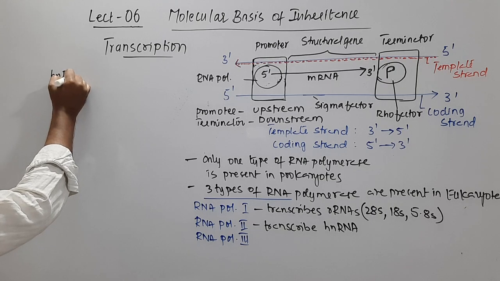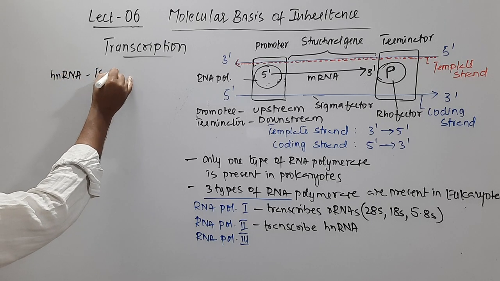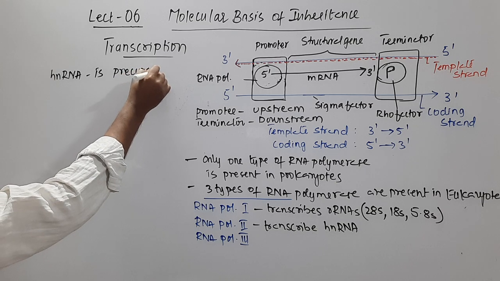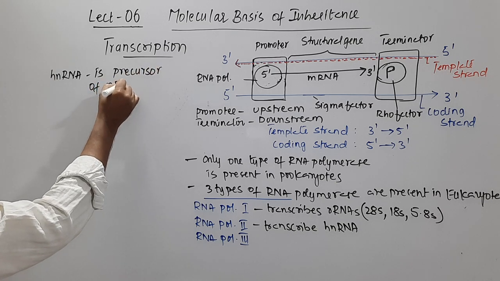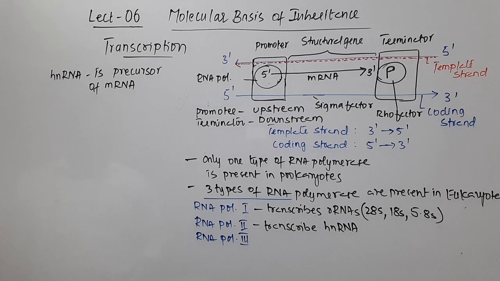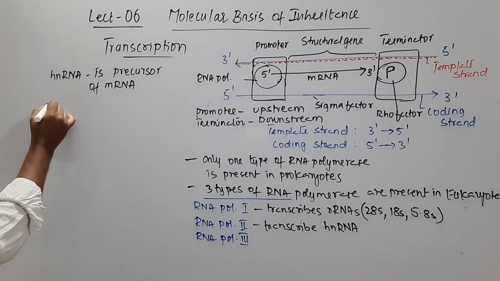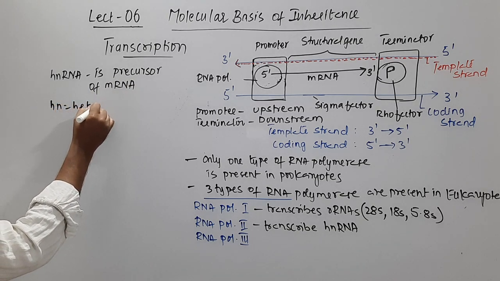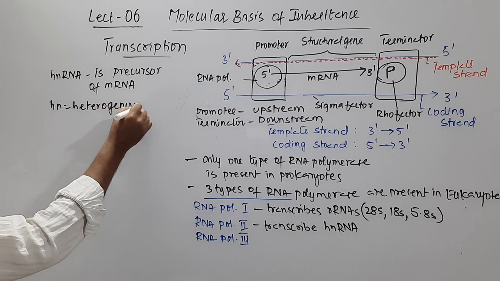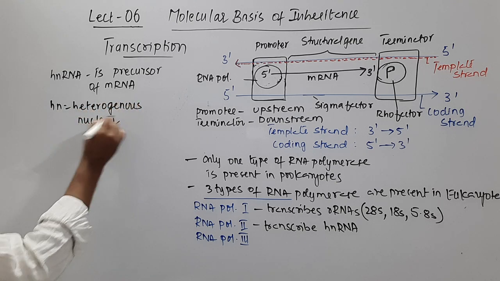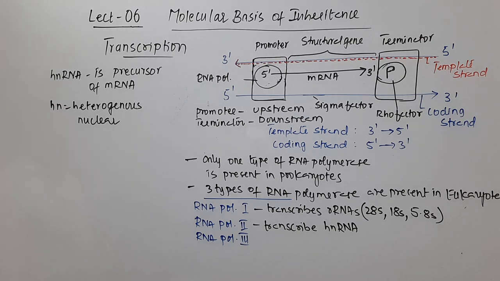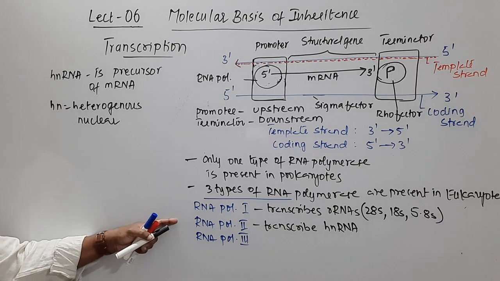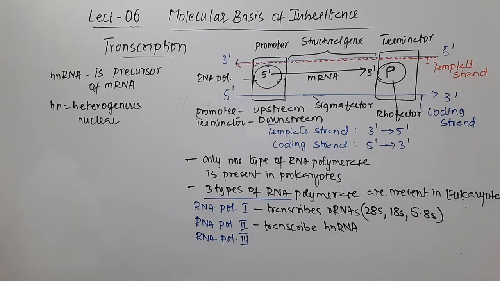Here HN stands for heterogeneous nuclear, so it stands for heterogeneous nuclear RNA molecule. So RNA polymerase 2 transcribes HN RNA.